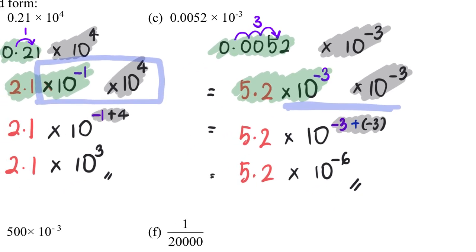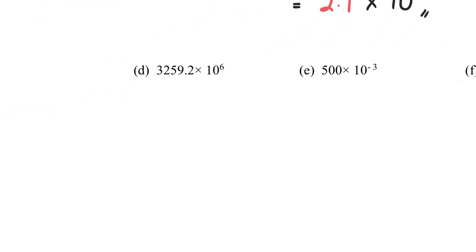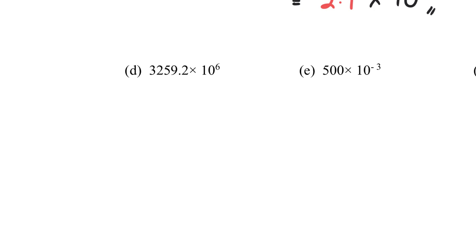Let's move on to part D, where we have 3259.2 times 10 to the power of 6. Now we are looking at big numbers. So let's see: 1, 2, and 3. 3 places to the left.